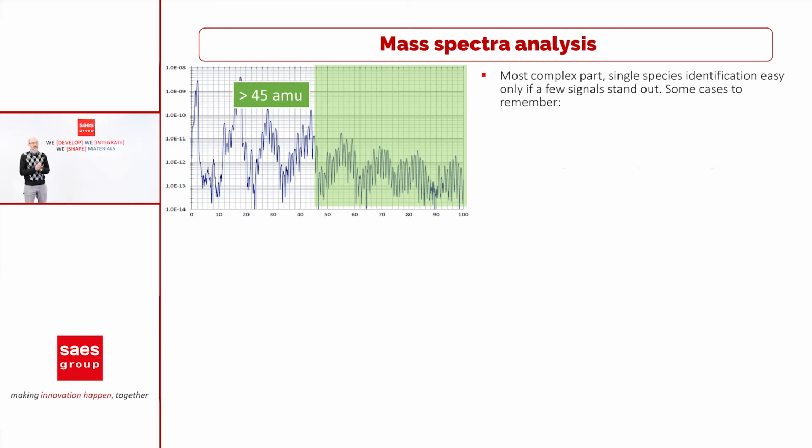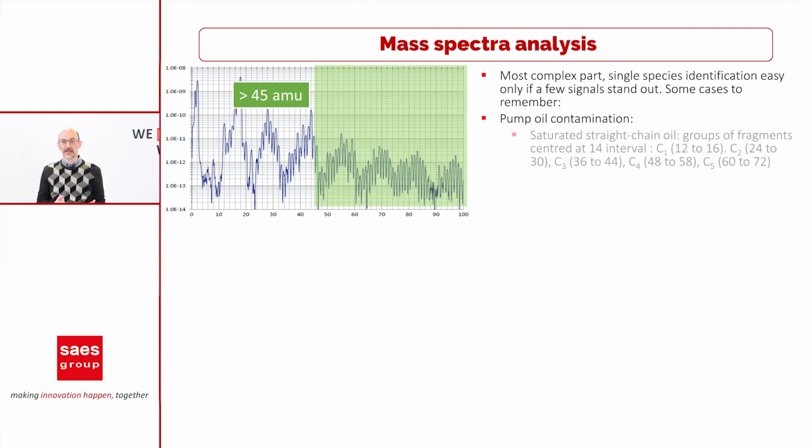Anyway, it is useful to keep in mind some cases that occur quite frequently. Lubricants or pump oils are of different types. They may contain saturated straight chains, which have fragmentation groups at intervals of 14 atomic mass units, depending on the number of carbon atoms.